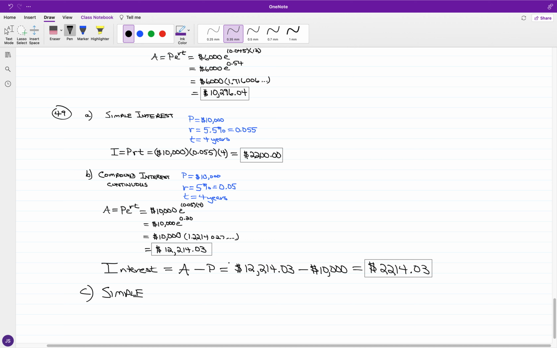Between the options, it turns out that even in spite of the 5.5% rate, the way the 5.5% is applied turns out to be less than the 5% applied in the realm of continuous compounding. So you can say that the simple interest option results in less interest. The difference is about $14.03.